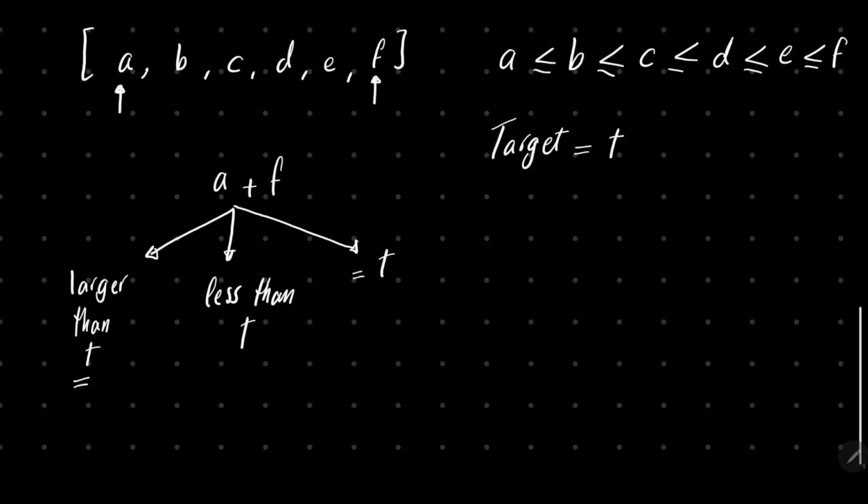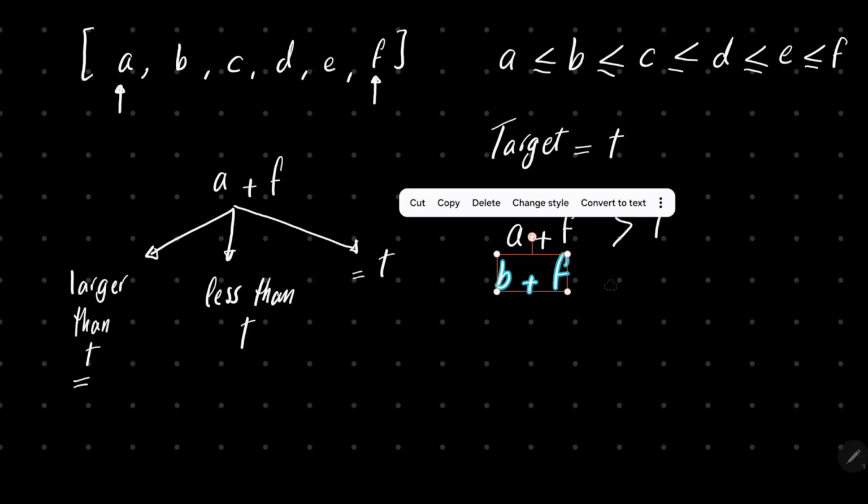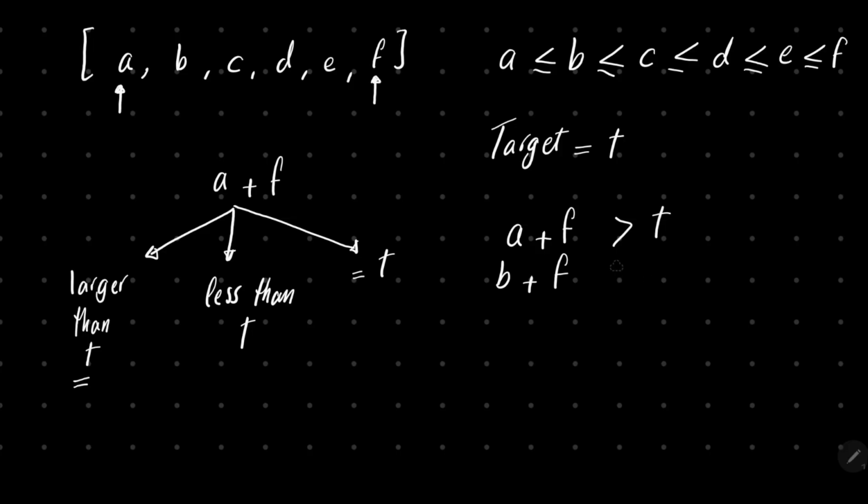Well, if A plus F is bigger than T, that means B plus F is also bigger than T. Why is that?